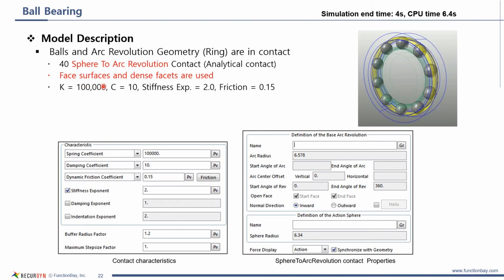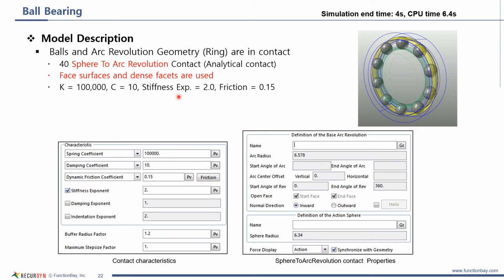Here is an example of a ball bearing. There are 10 balls. The internal surfaces of the bearing are created as 4 arc revolution surfaces. So there are 40 contacts between 4 arc revolution surfaces and 10 balls. A primitive contact called sphere to arc revolution contact was used for fast and accurate simulation.